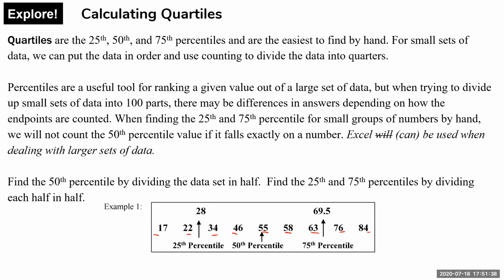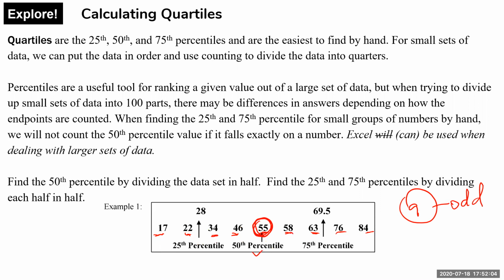Nine is an odd number, right? So when you have an odd data set, you always have a number that sits at the center after your data has been ordered. And that is your 50th percentile.